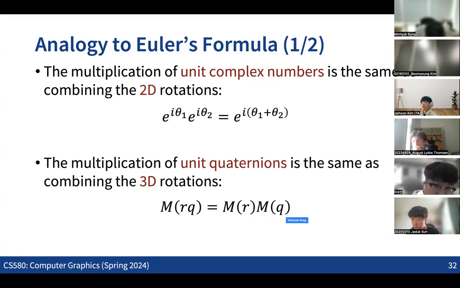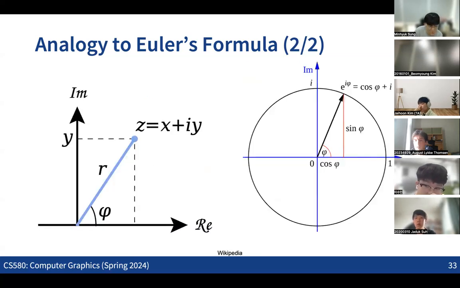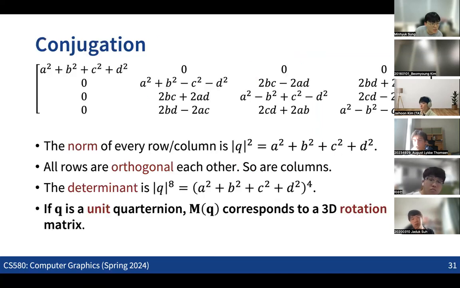If you compute the multiplication of the two unit quaternions and take the conjugation, this becomes the same as first taking the conjugation, the linear mapping function, for each and then multiplying these two. From the definition of the conjugation in the previous slide, you can check this yourself. I'm just omitting the proof.